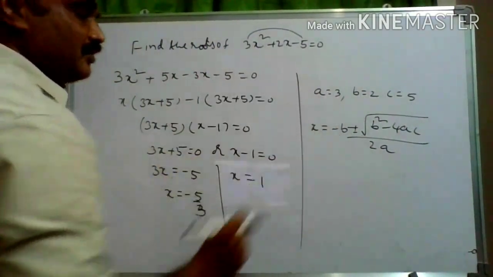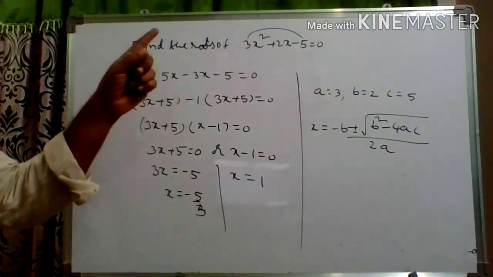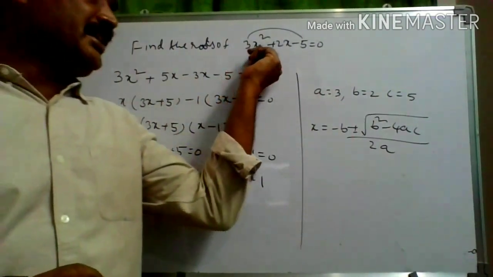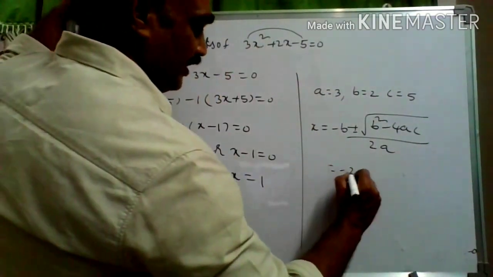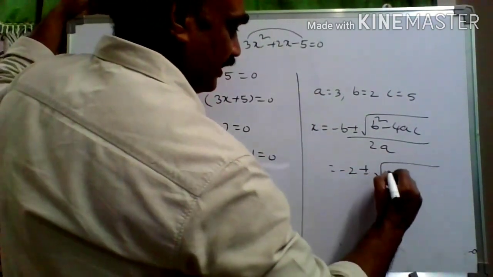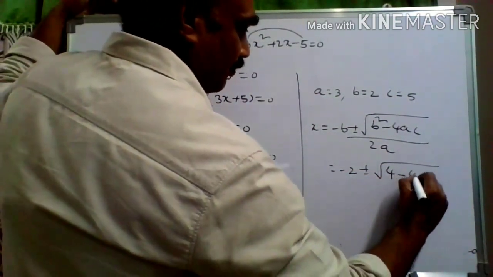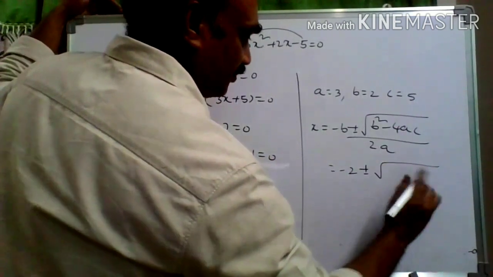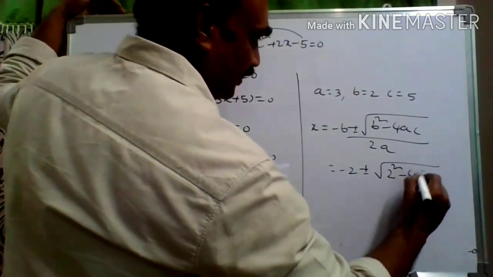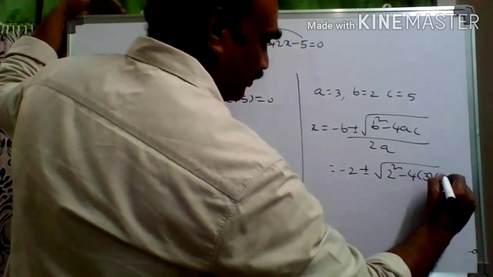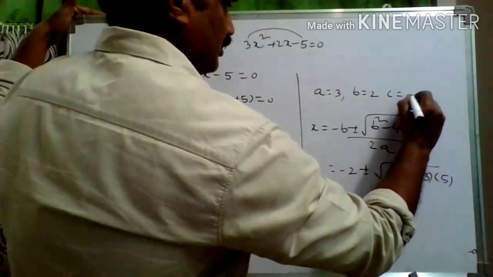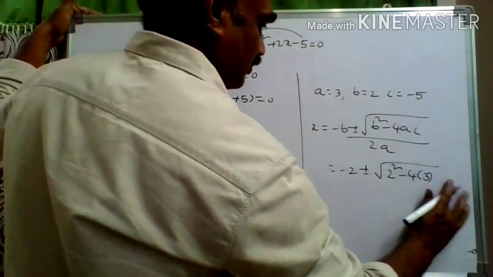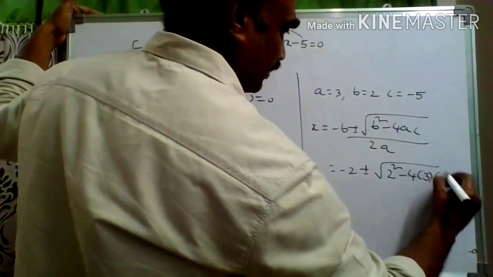Minus b is minus 2, plus or minus root of b square, 2 square, minus 4 into a, 3, into c value minus 5.